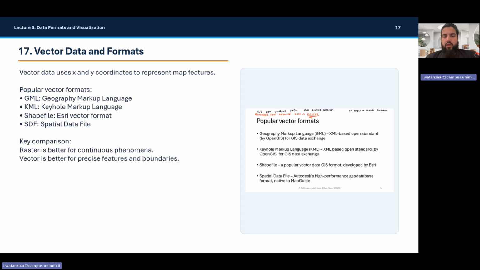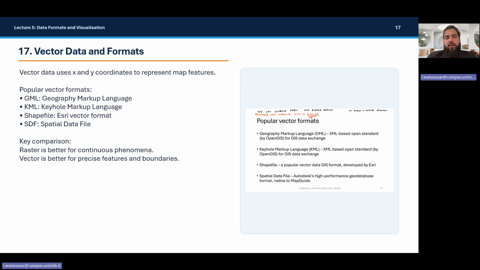If we see Google Maps, they are exactly using the vector data in the normal format, using X and Y coordinates to feature something on the map. This is the idea of the vector data, how it works.